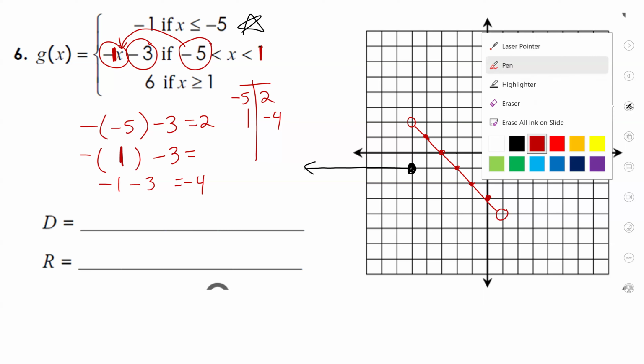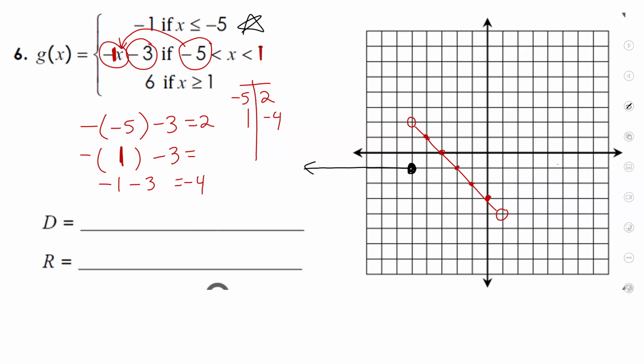I'll do the last one in blue. Okay, so this is the line y equals 6. So go up to 6 on the y-axis. 1, 2, 3, 4, 5, 6. This is the line that goes through 6. But remember, we only want the x values that are greater than or equal to 1. So I'm going to shorten this line.